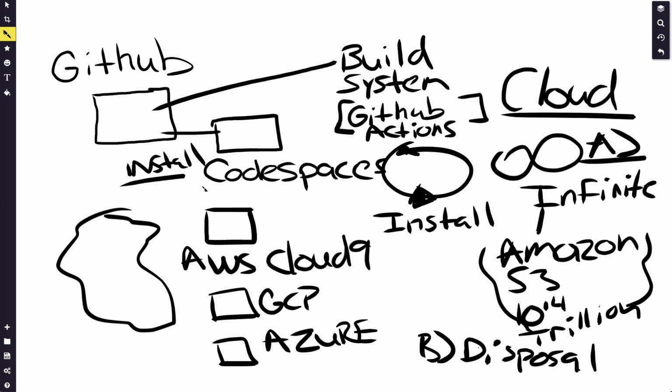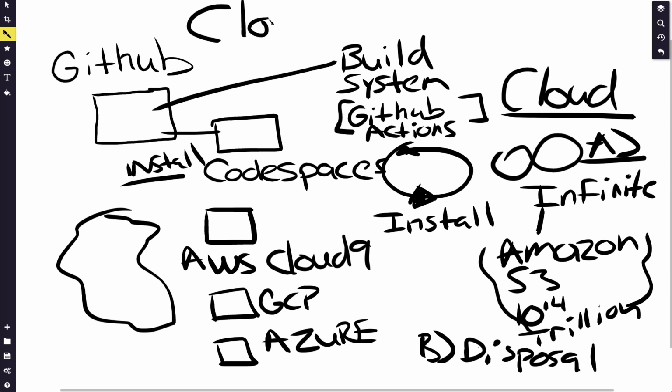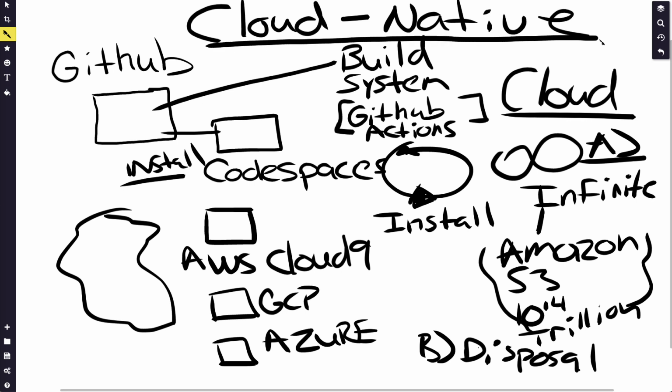So I would call this a cloud native approach, which is we're doing new types of software engineering that only are possible when you're using the cloud in the form that it is now. We're not inheriting necessarily legacy techniques that were around in the pre-cloud era.